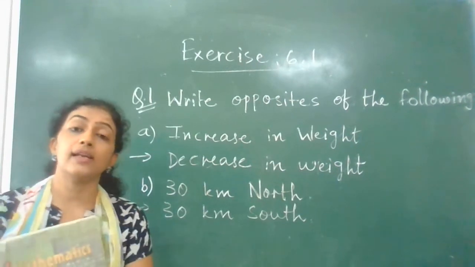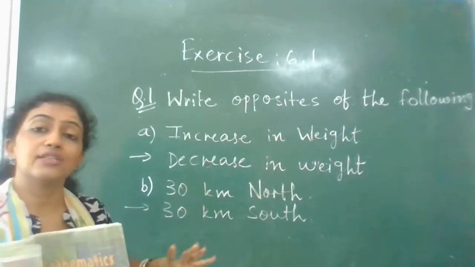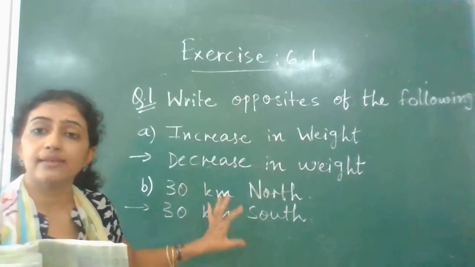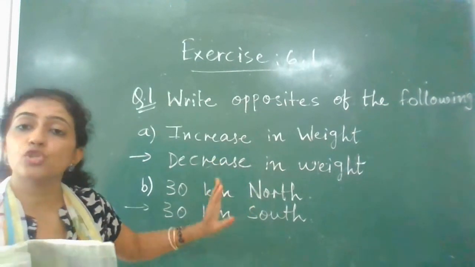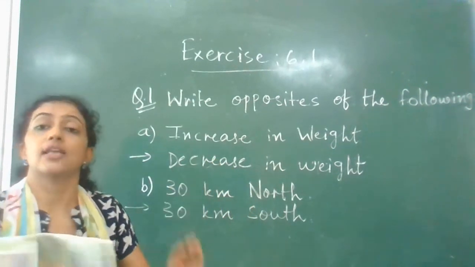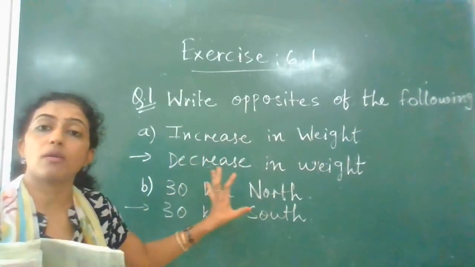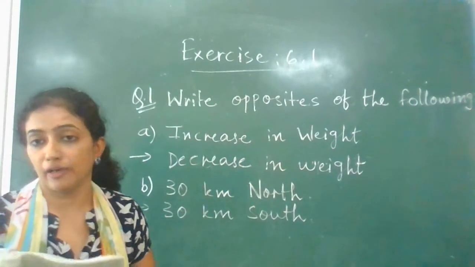So did you understand here what the question's meaning is? The question says write its opposite. So you have to write its opposite. I'm not showing the sign or anything with the numbers. So opposite means you just simply give its opposite. Okay, you don't have to show it with a plus or minus sign. That question is different. As it will come, we'll understand it more.